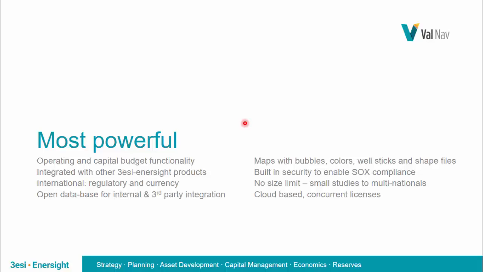You can assign colors to any text field, so you can color for operator or year of production or anything else that you find useful. And if you have surface and bottom locations, you can see well sticks joining the bottom hole and surface location to get an idea where your wells are.